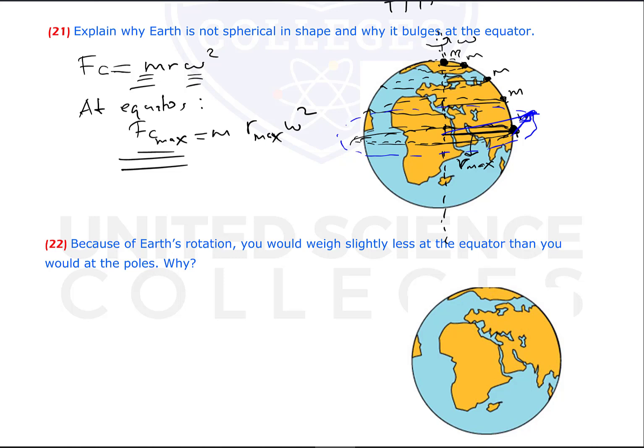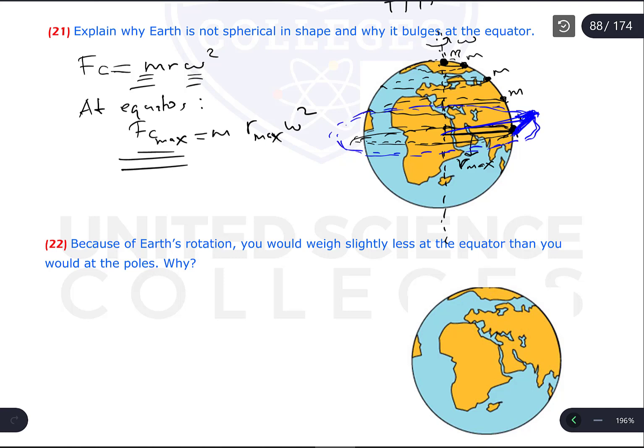It needs a very big centripetal force, and when this centripetal force is not provided by the gravity of the Earth, objects or particles or rocks or dust cannot follow a circular path. So instead of following a circular path, they will follow a little straight line path. When they move along a straight line path according to inertia, the radius of the circle will increase and they will start moving on a larger circle, which makes the Earth a little bulged at the equator.